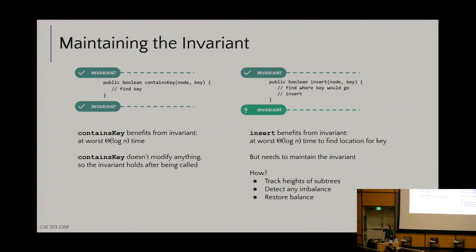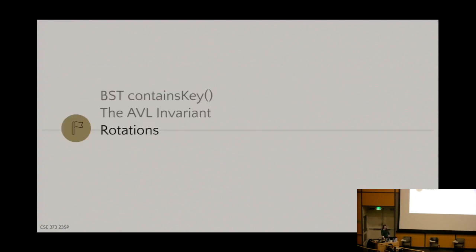And then I will fix the balance. So I maintain the binary search, and I fix the balance. This is going to be a common pattern for us where we have multiple invariants like this, and there will be one that is easier to maintain and one that is easier to fix. In this case, it's easier to maintain the binary search and to fix a broken imbalance. How do we do this?